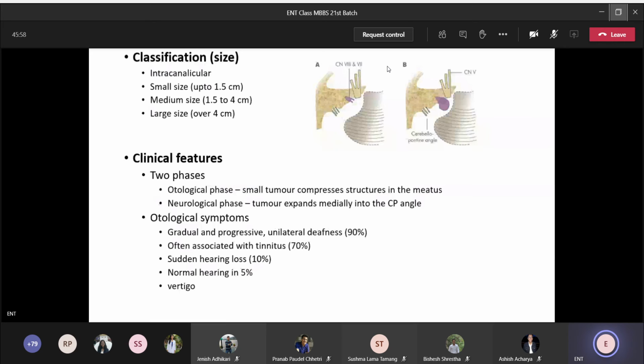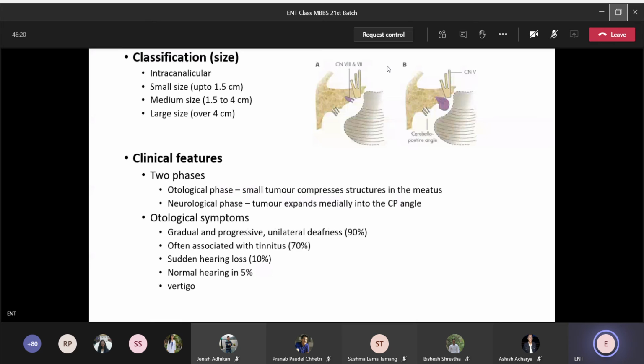Now, what are the otological symptoms? The patient can come with very gradual and progressive unilateral deafness, which is present in 90% of the cases. It can be associated with tinnitus in 70%. There can be sudden hearing loss in 10%, but some of the patients may not even have any hearing loss.